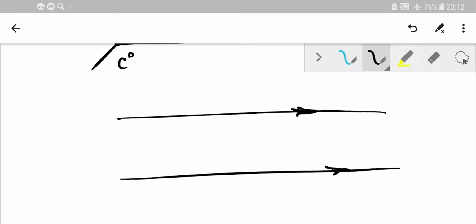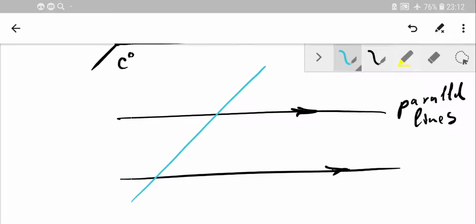Here they just denote that the two lines are parallel. Parallel lines. What if you have another line, let's say a blue line? Let's say this is the initial angle A, and you know this is also A as it is vertically opposite.